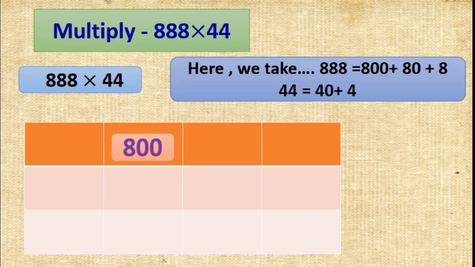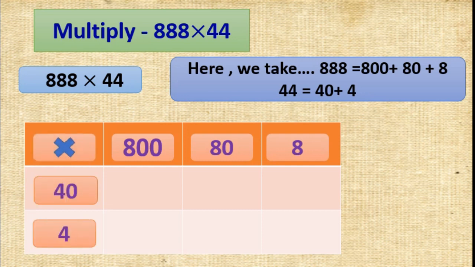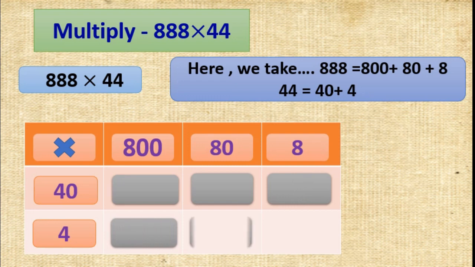We will write here 800 plus 80 plus 8, and here the multiplication sign. Here 40 and 4. Now we will write the products here. Okay. Now 40 multiplied by 8, that is 4 8s are 32 and 1 zero, 320.